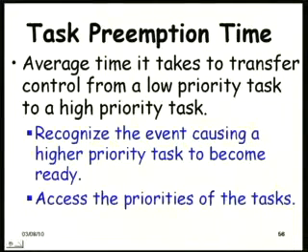The event occurs with a sensor or something, and then it takes time for the event to be registered by the processor, and then the operating system has to access the priorities of the tasks, see that this is a higher priority task, and then it takes time for context switching. So, context switching time or the task switching time will be less than the task preemption time, isn't it? Because there are other activities involved here.